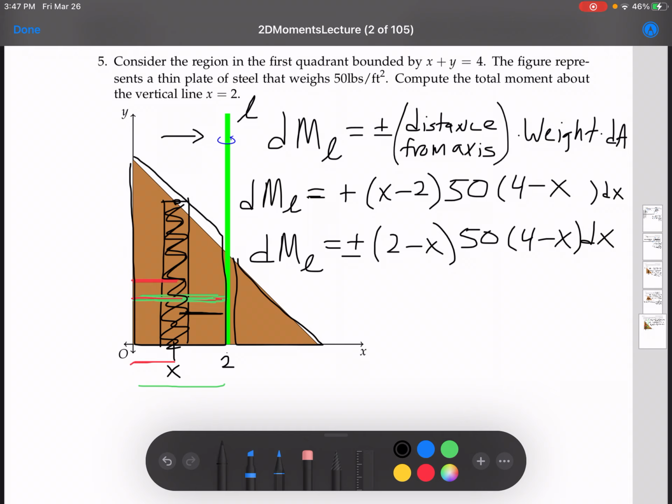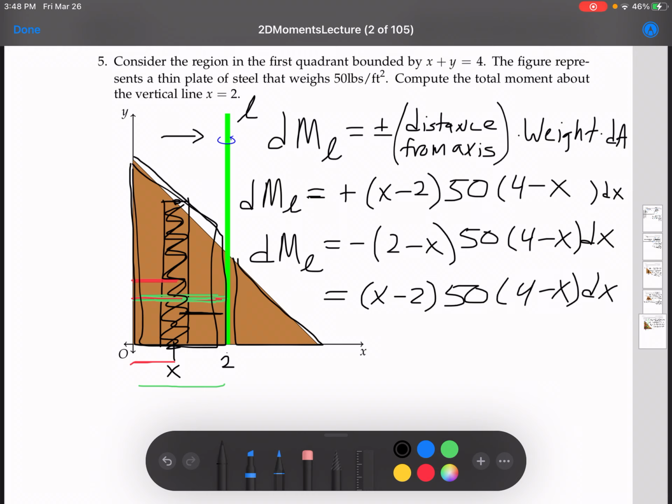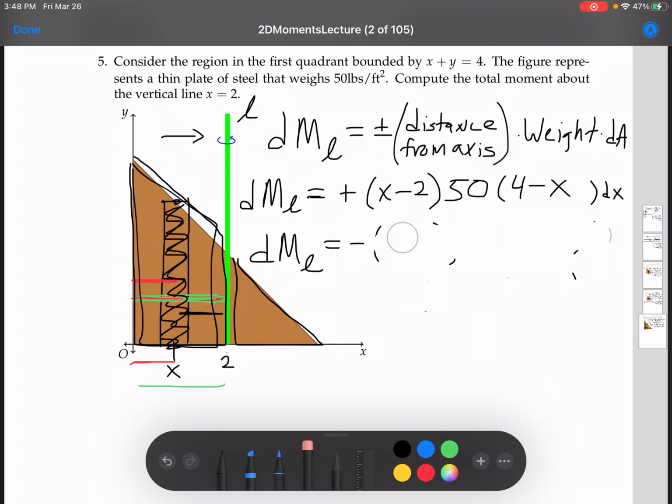This part here is going to go into the page, and so then our orientation will be negative. And notice that that's the same, right? So negative 2 minus x is the same as negative 2 plus x, we can flip that around. That's x minus 2, 50, 4 minus x dx. So you get the same thing either way. And it's because of that orientation. That's why the orientation is so important. So in either case, wherever we draw our rectangle, we get the same dML.